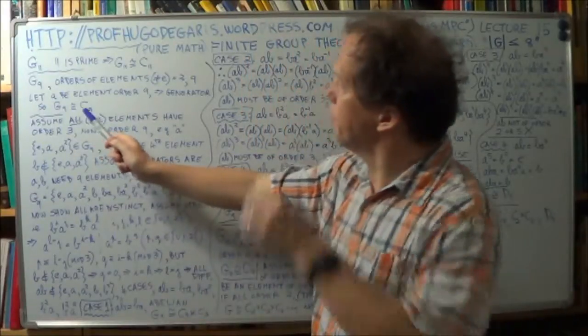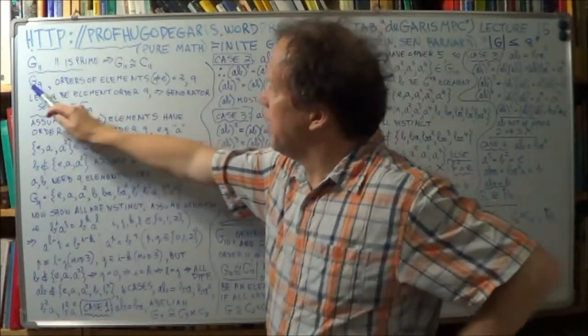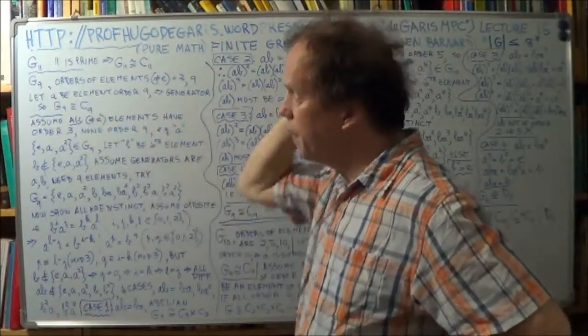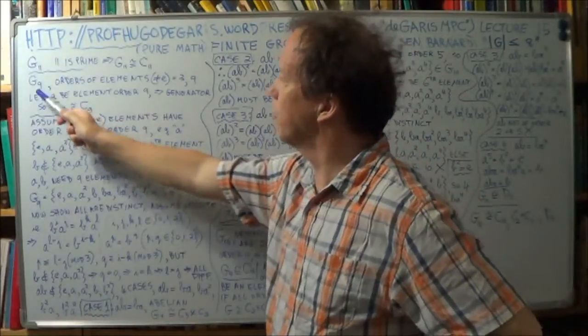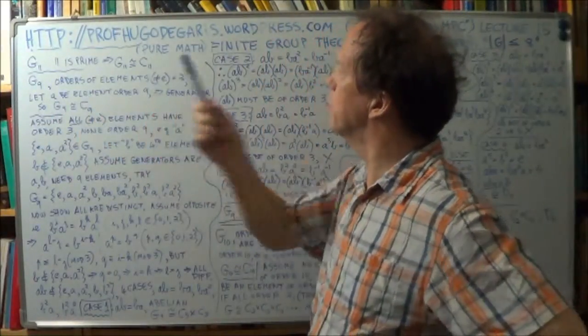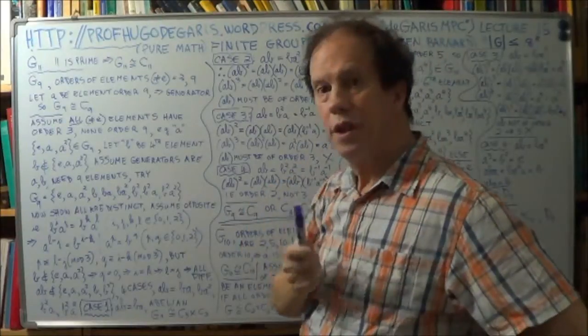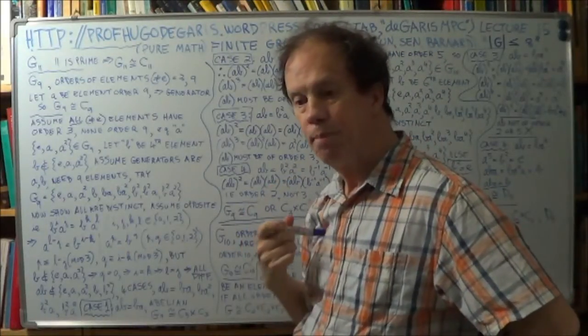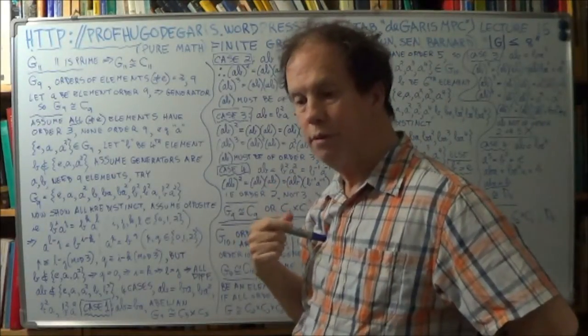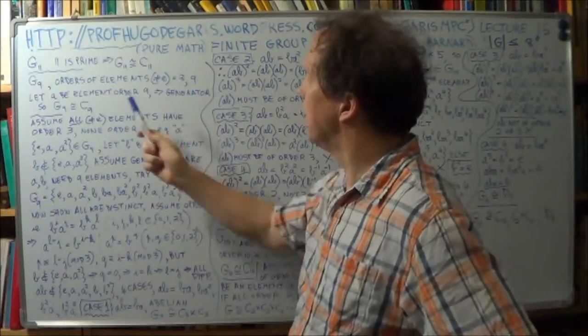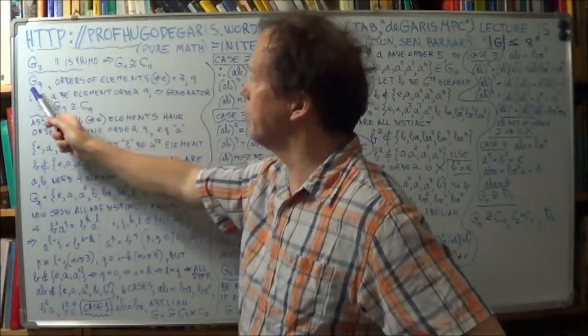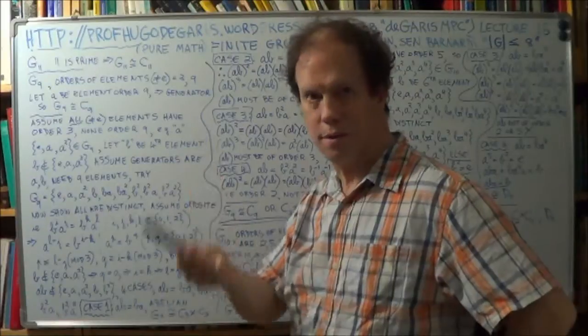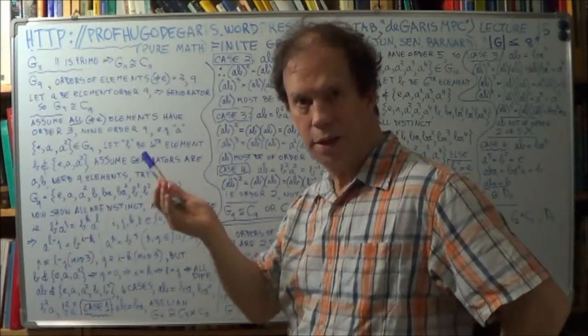Okay. So in the case of G9, the order of the group is 9. What possible orders can our elements take? Well, what are the factors of 9? There's 1, there's 3, and there's 9. That's it.